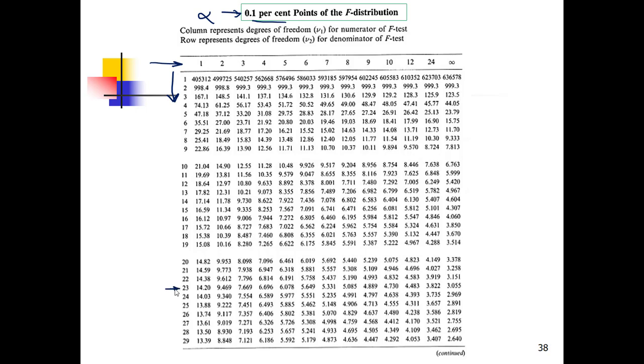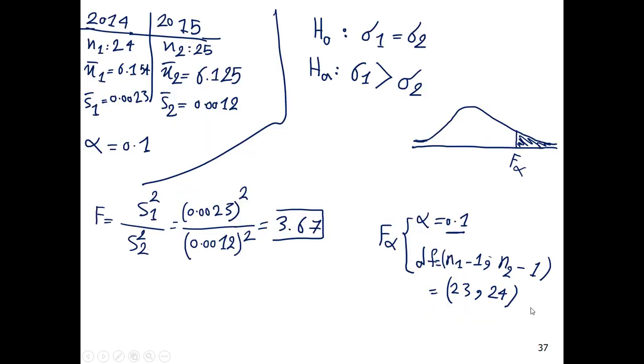So 23 and 24. Go all the way up to here. That is your critical F, 3.822. So the F that you calculate is 3.67.